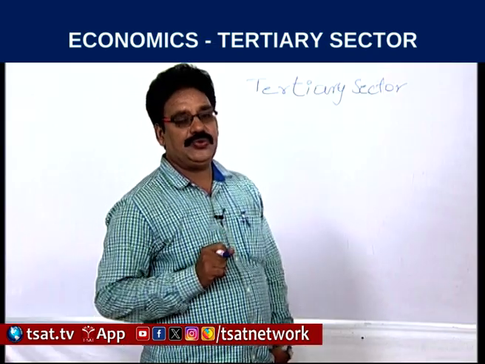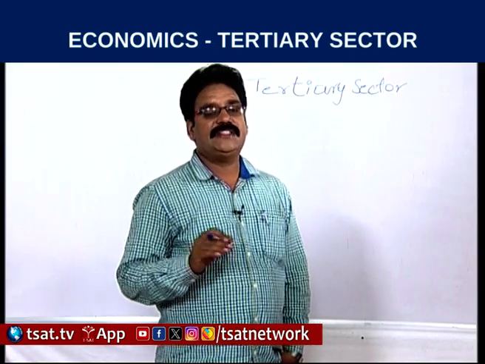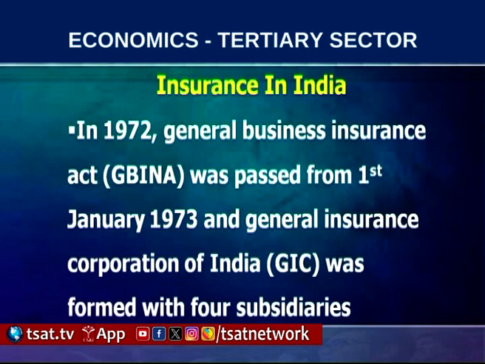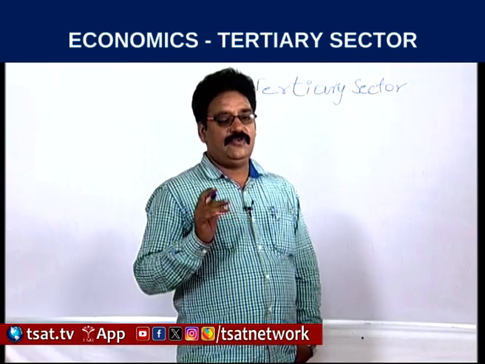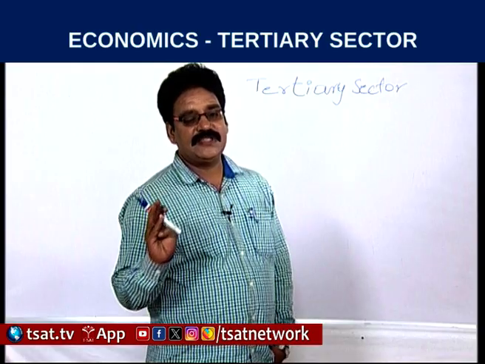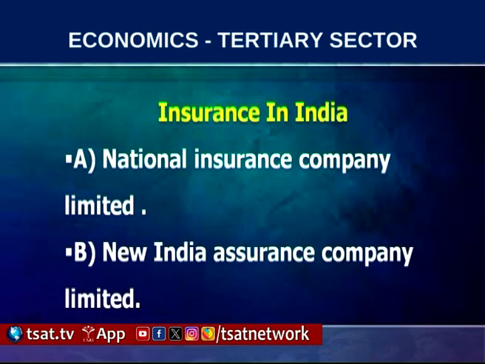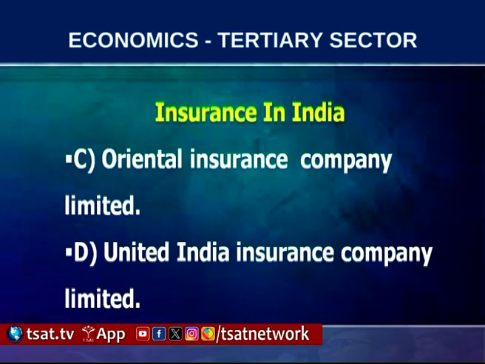In 1972, the General Insurance Business Nationalization Act, GIBNA, was passed, effective from 1st January 1973. Under this act, the General Insurance Corporation of India was formed with the help of 4 subsidiaries. Those 4 subsidiaries are National Insurance Company Limited, New India Assurance Company Limited, Oriental Insurance Company Limited, and United India Insurance Company Limited.